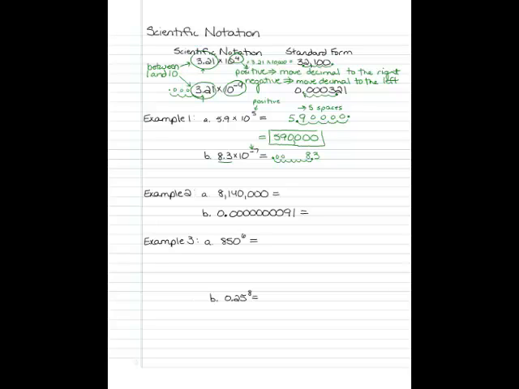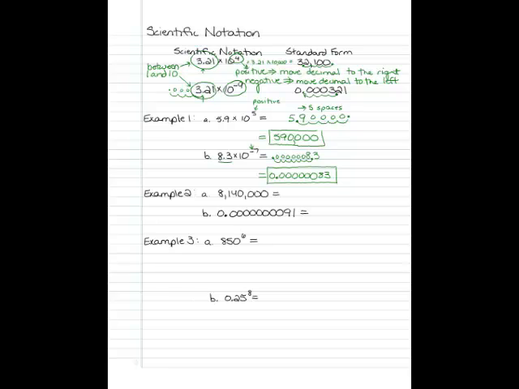Fill in any empty space with zeros. So what you wind up with, 0 point, there's the decimal point, then 2, 3, 4, 5, 6 zeros, and there's your 8.3. This is the number written in standard form.